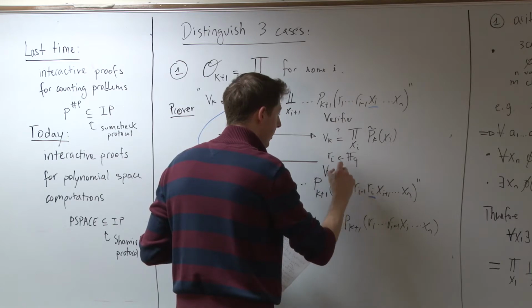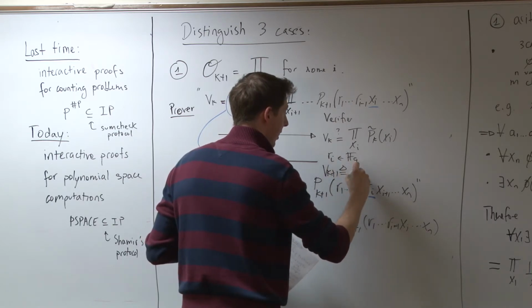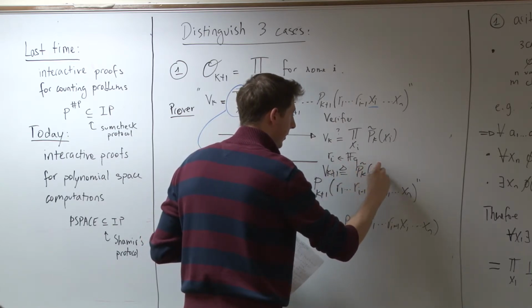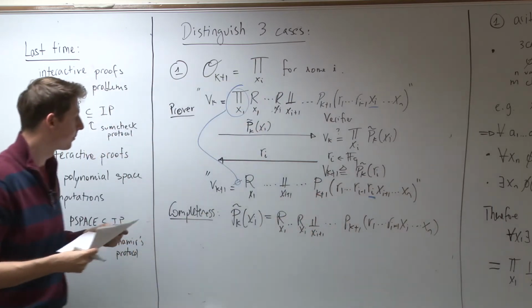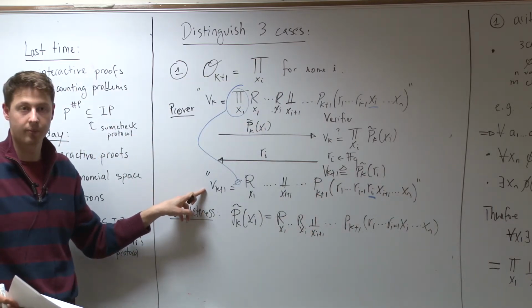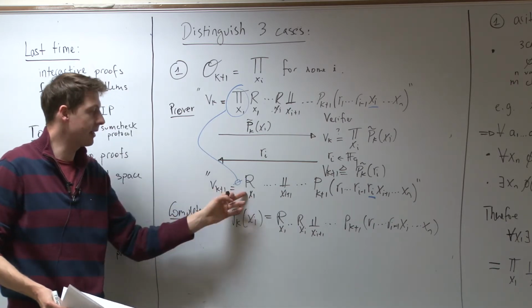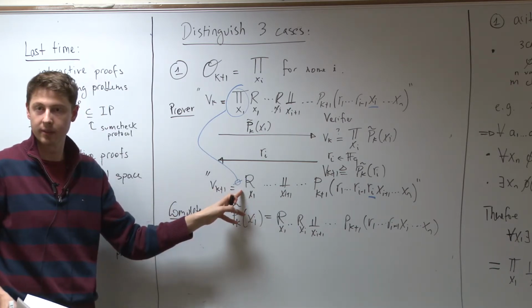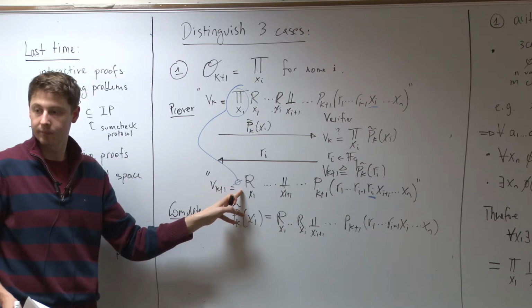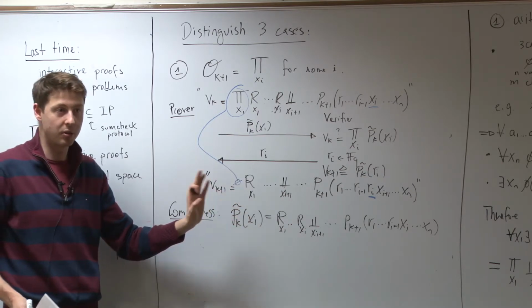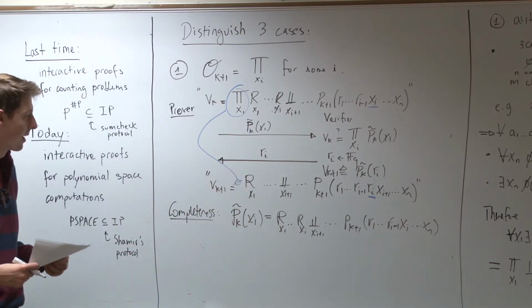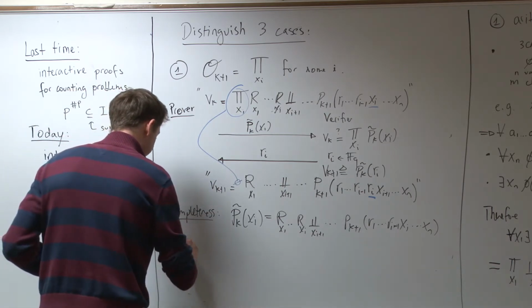Vk plus 1 is defined to be pk tilde at Ri. Sorry, forgot to put it. So will this statement hold? Yeah, because I sent the right thing, and he's setting the correct statement, right? Oh, wait, so completeness is good. Soundness.